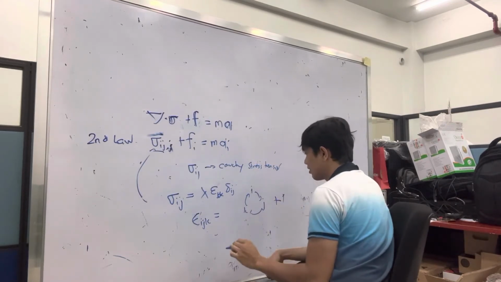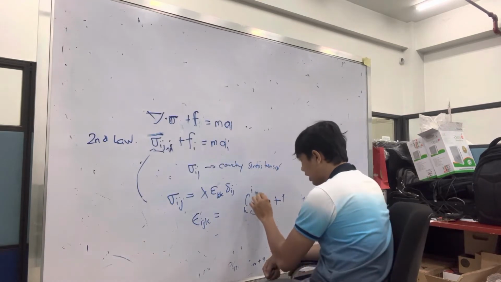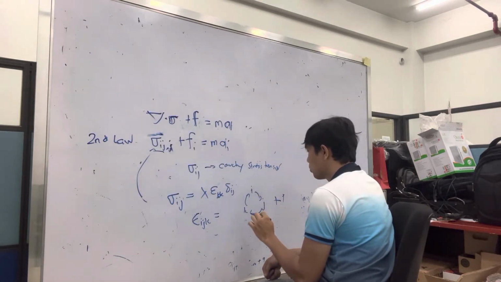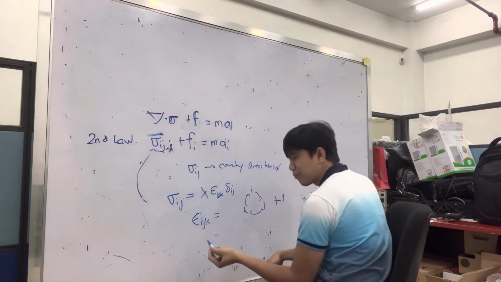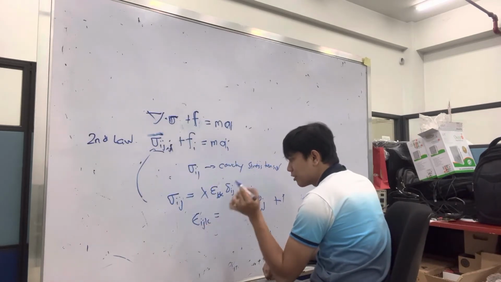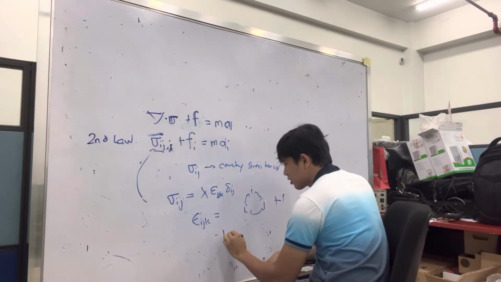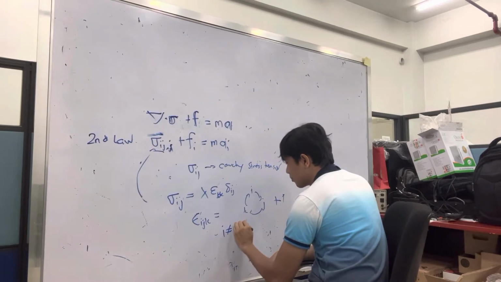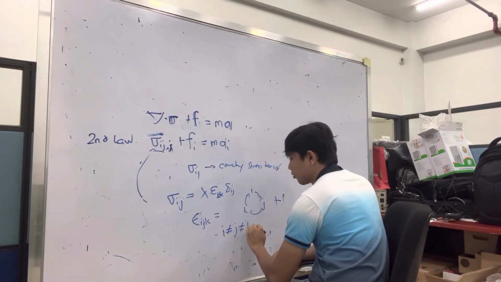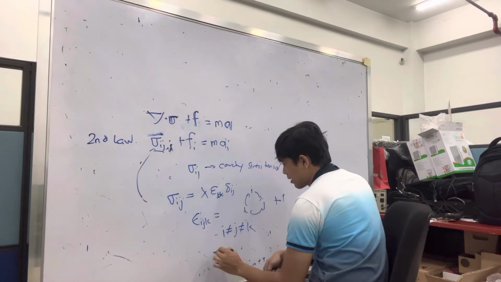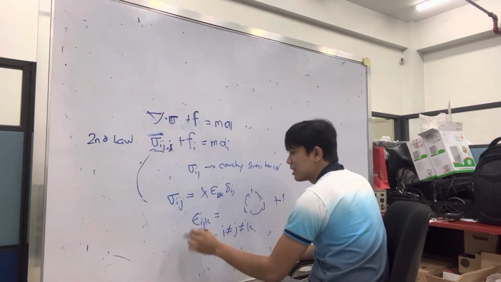Kapag baliktad yung rotation niya, negative. Isa sa main prerequisite is i should not be equal to j, should not be equal to k. Otherwise, kapag na-violate ito, 0 siya.